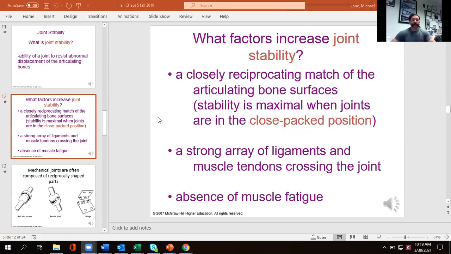So things that are going to make our joints more stable: it turns out the better of a reciprocating match we have between the two different surfaces, the greater the stability. The more ligaments and muscles we have crossing the joint, and notice the absence of fatigue. When you think about much higher rates of tearing ACLs in female soccer players and basketball players, part of it isn't necessarily due to weak muscles and tendons.